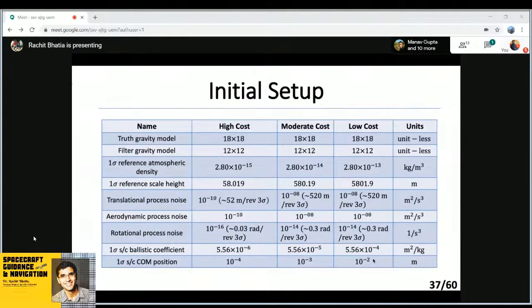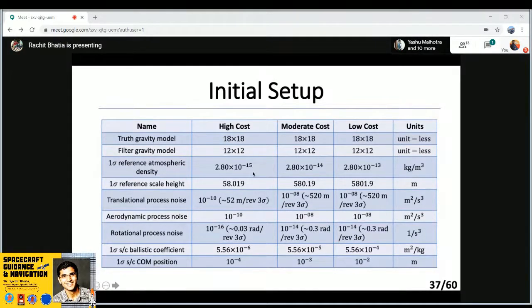I divide the problem into three parts. I solve this problem for different systems, because I have all these parameters and there can be multiple combinations. So what I do is I have one high cost model which has everything very high fidelity, because we have a high cost system.